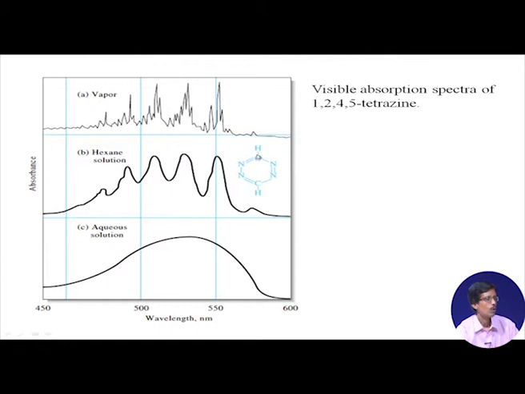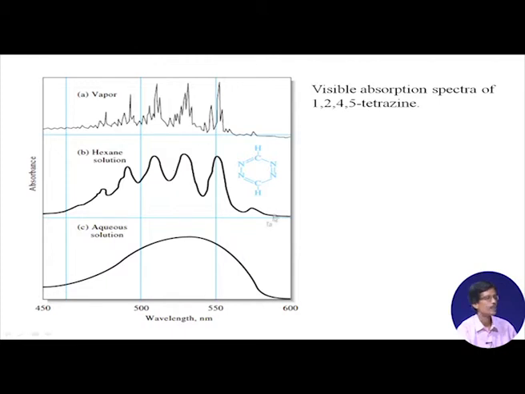Benzene we all know is C6H6, but instead of 4 of these carbon centers, we have 2 nitrogens on the left hand side and 2 on the right hand side.